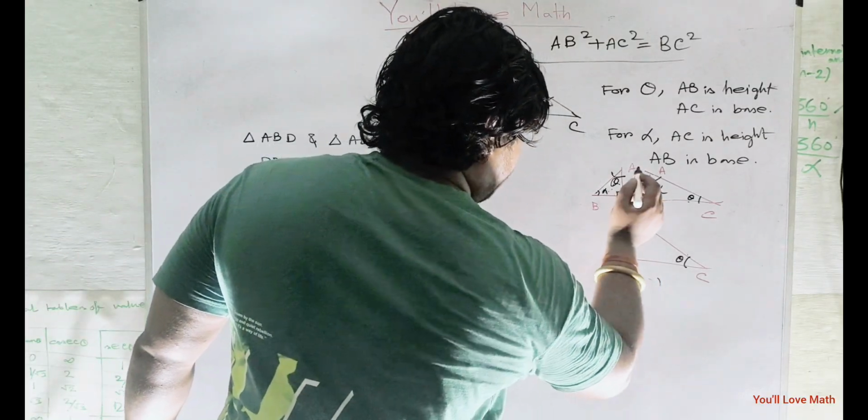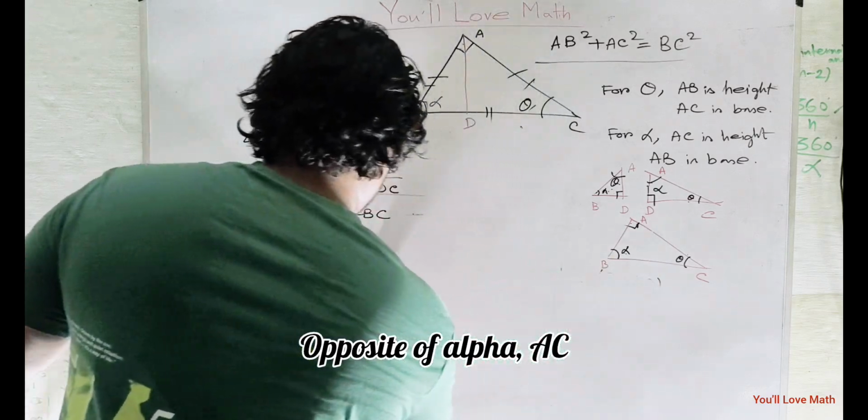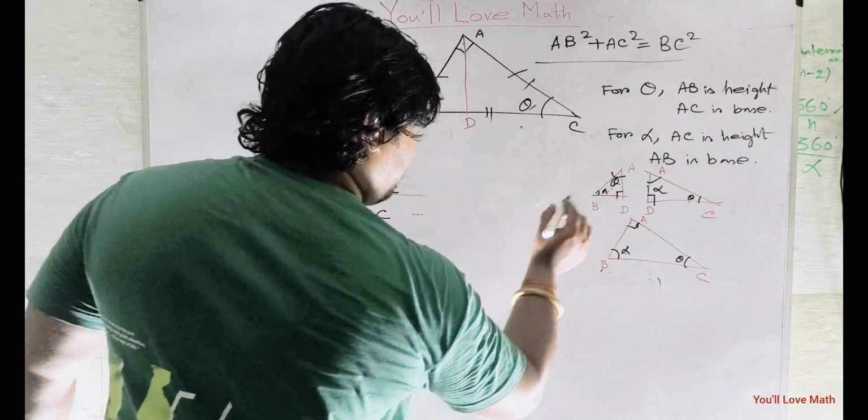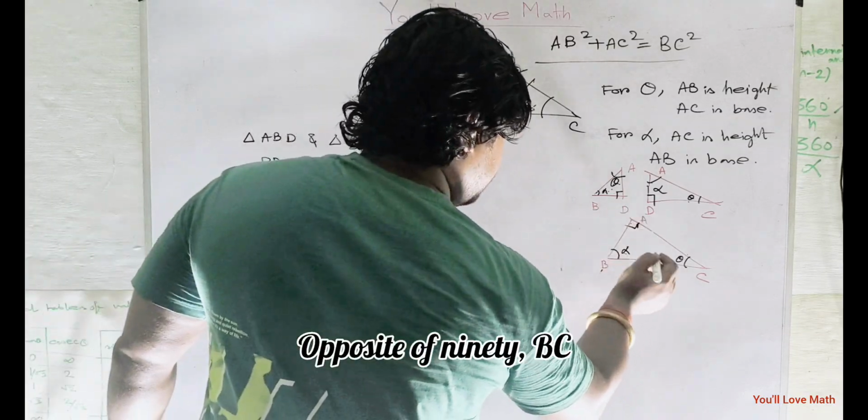Opposite of alpha is AD, opposite of alpha is AC. Opposite of 90 is AB, opposite of 90 is BC.